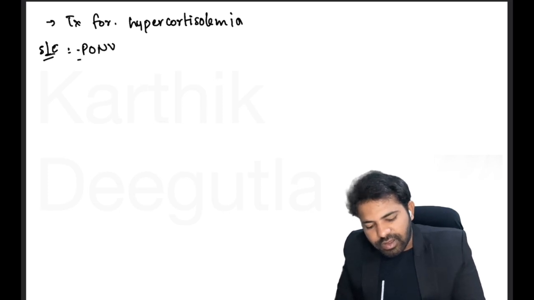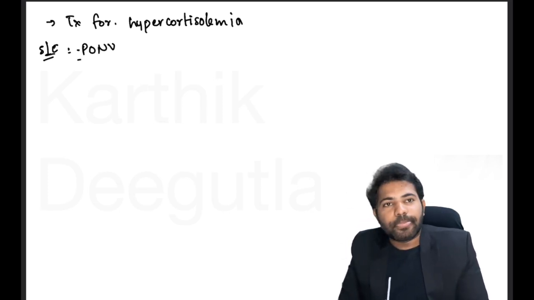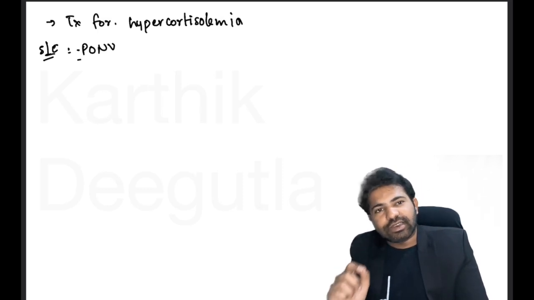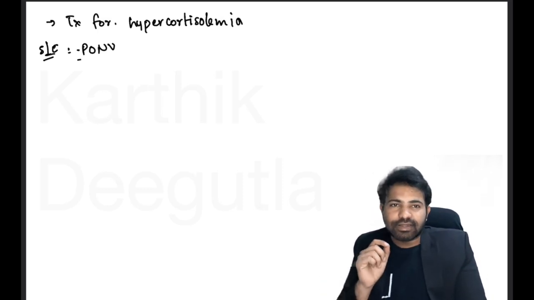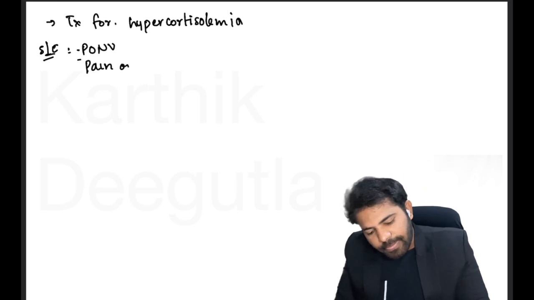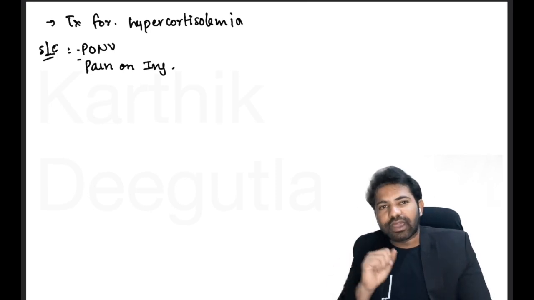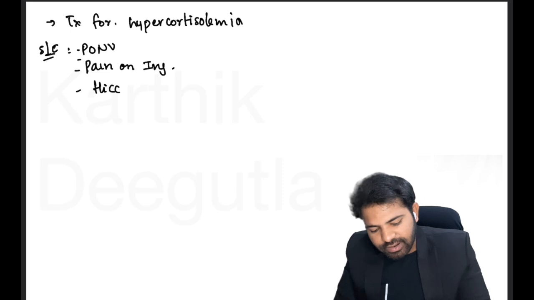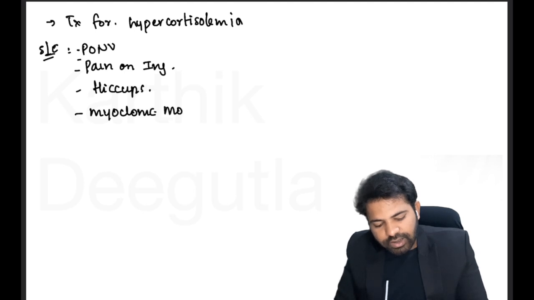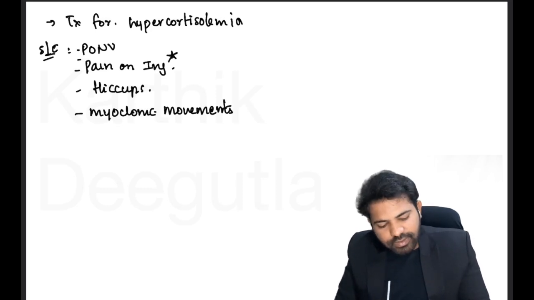What are the side effects of etomidate? It can cause post-operative nausea and vomiting. Like propofol, etomidate injection is also painful. We have already seen that it is a lipid emulsion, so it can cause pain on injection. Again, this needs pre-treatment with IV lignocaine. Then it can cause hiccups. It can cause undesirable myoclonic movements.